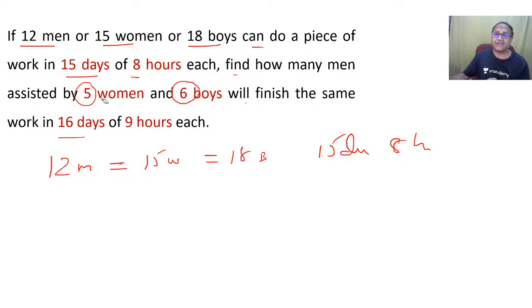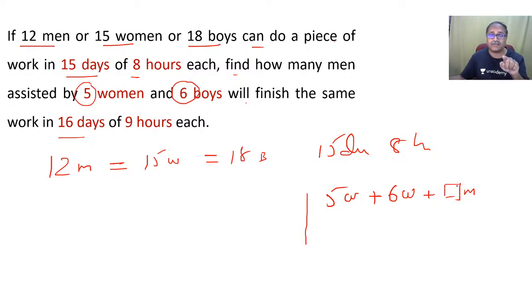Now the second statement says 5 women plus 6 boys, and how many men should join with them so that the work will be completed in 16 days working 9 hours a day.